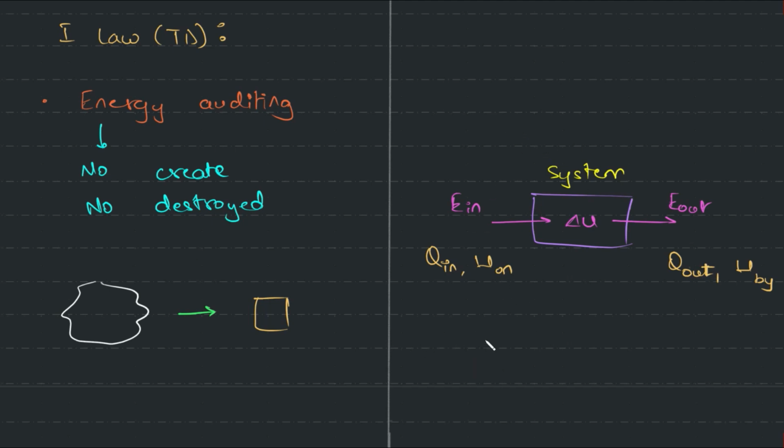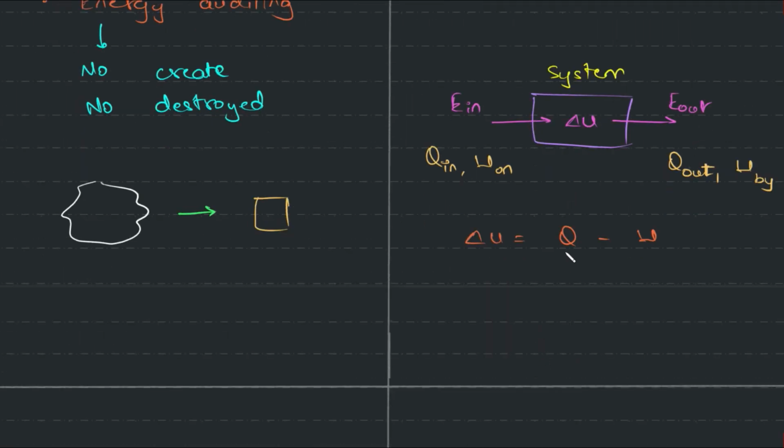So the first law gives us a formula. The formula is delta U is equal to heat minus work. And to reflect this, we have a sign convention. We have to take Q as positive when there is heat coming into the system. And obviously Q is negative when heat is going out of the system.